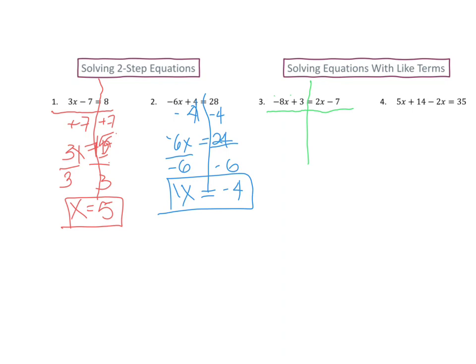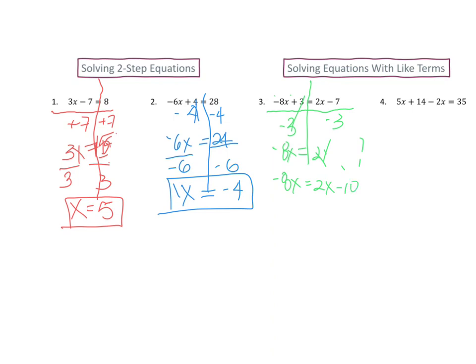And so that means I have to get rid of that 3. This goes away. 3 minus 3 is 0. I have negative 8x equals 2x minus 10. Oh my goodness. It's negative 8x equals 2x minus 10.